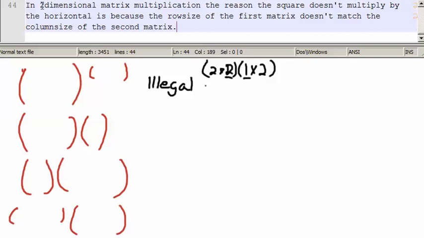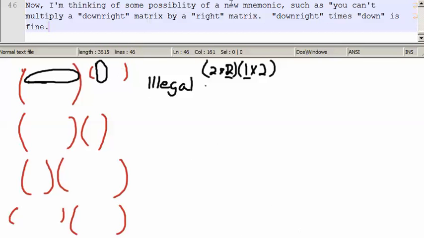So in two-dimensional matrix multiplication, the reason the square matrix doesn't multiply with the horizontal is because the row size of the first matrix doesn't match with the column size of the second matrix. The row size here, which is 2, doesn't match with the column size, 1. Now I'm thinking of some possibility of a new mnemonic, such as you can't multiply a down-right matrix by a right matrix.